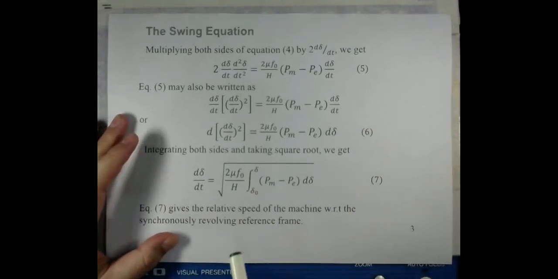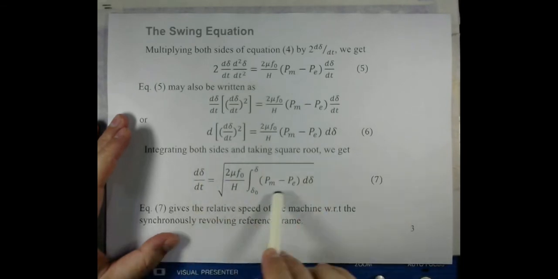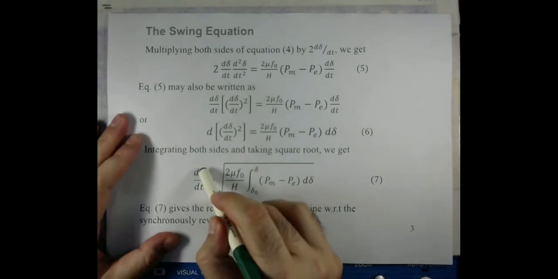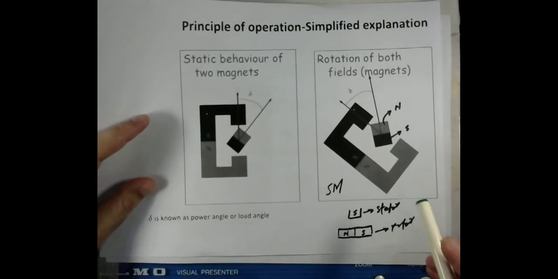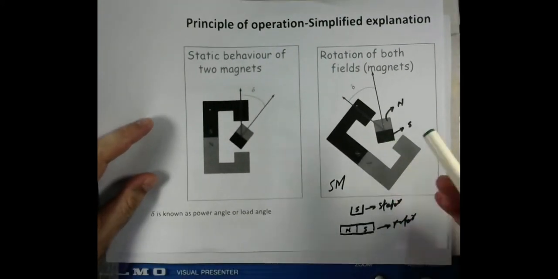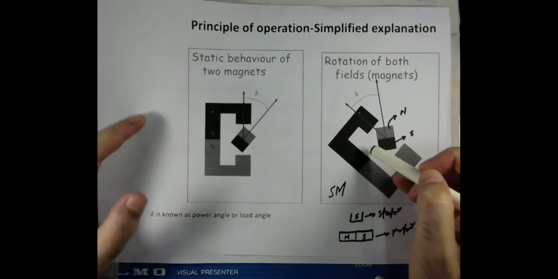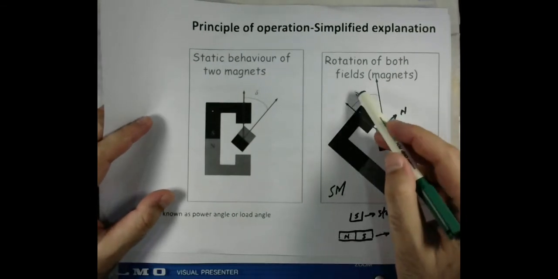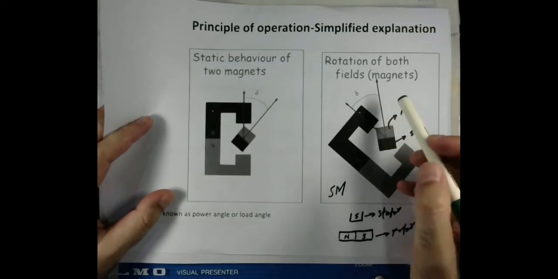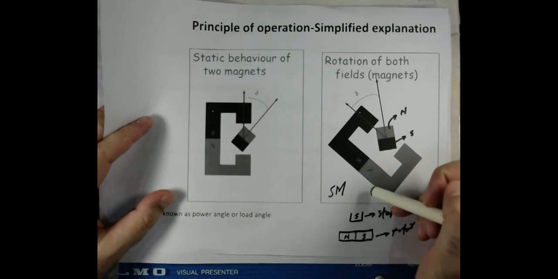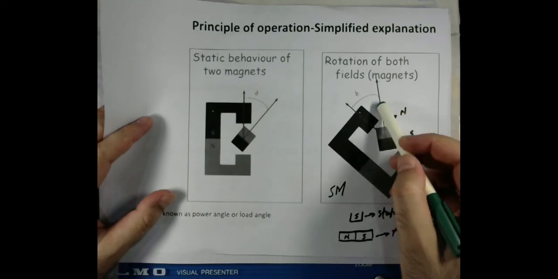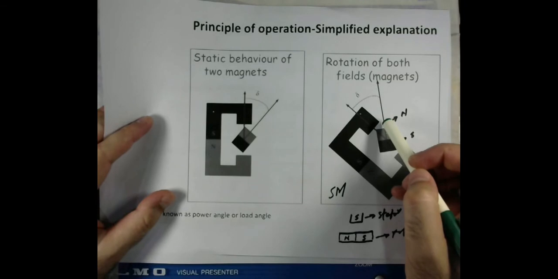And now if we look deeply into this equation, it states that the change in the angle, so I discussed this angle even in the first lecture, what we call the load angle, or it's also called the torque angle or power angle, is the angle between the stator and rotor magnetic fields.